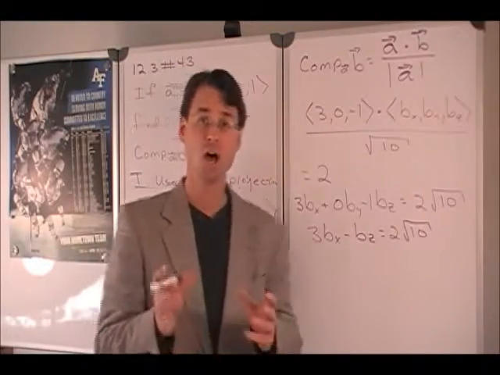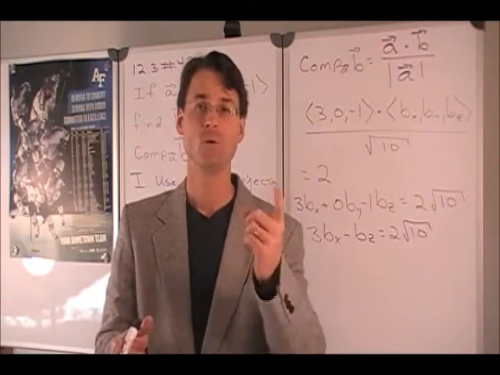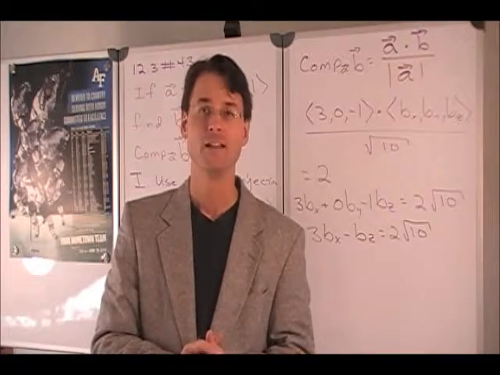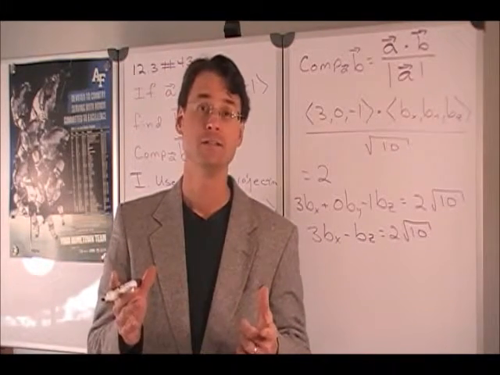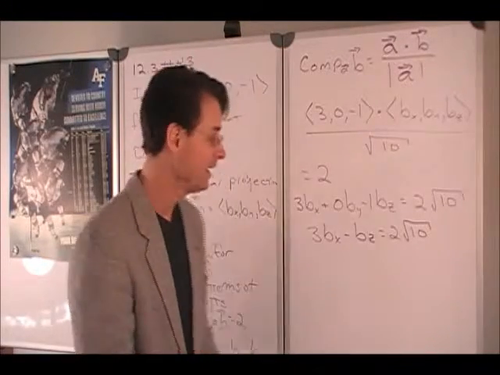In other words, this is an under-constrained system. And we only need to find one vector B. So why don't we use one of our things that we know and just make one of the components 0 so the other component is really easy to find.